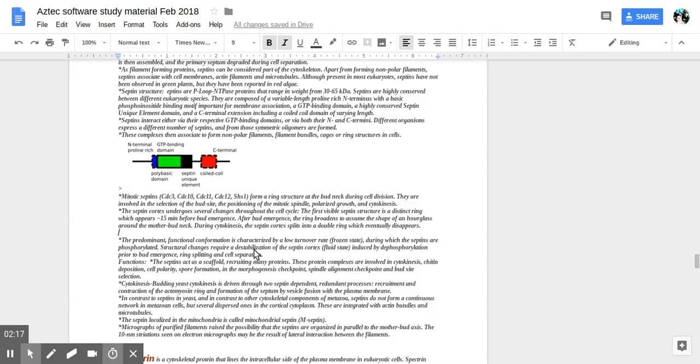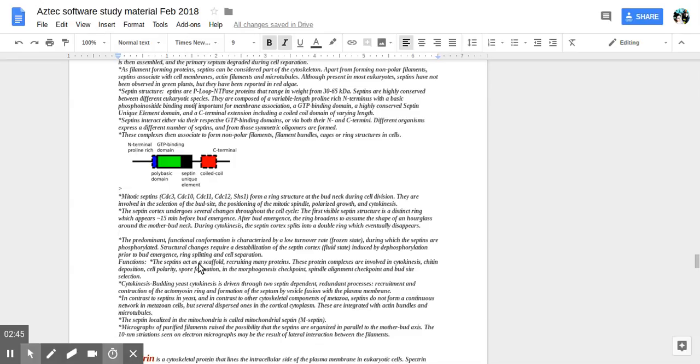Structural changes require a destabilization of the septin cortex fluid state induced by dephosphorylation prior to bud emergence, ring splitting, and cell separation.